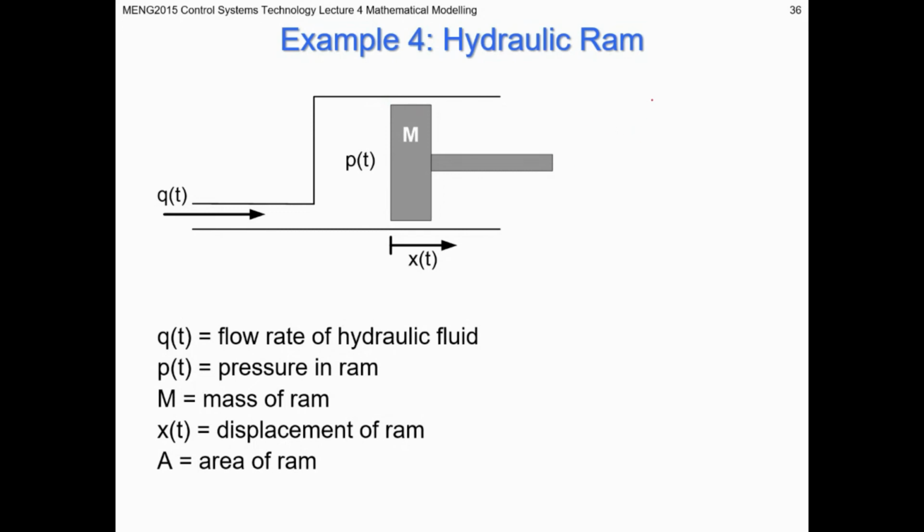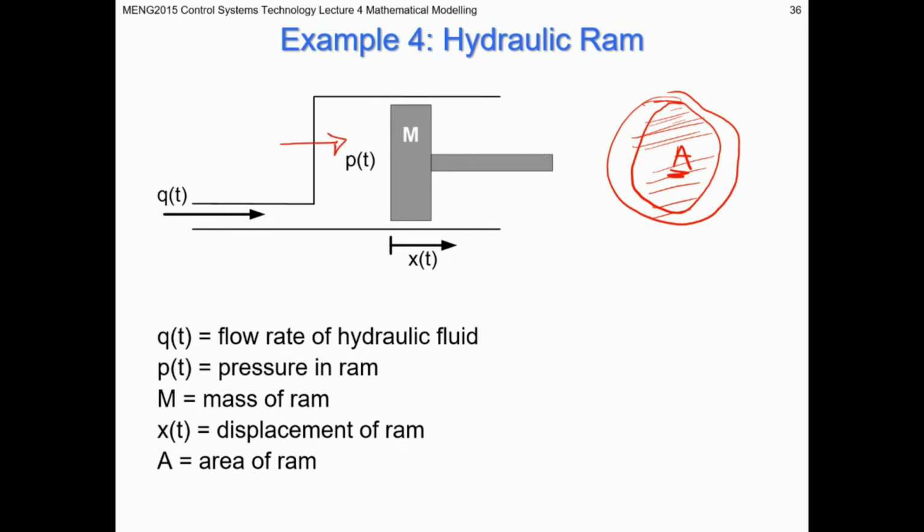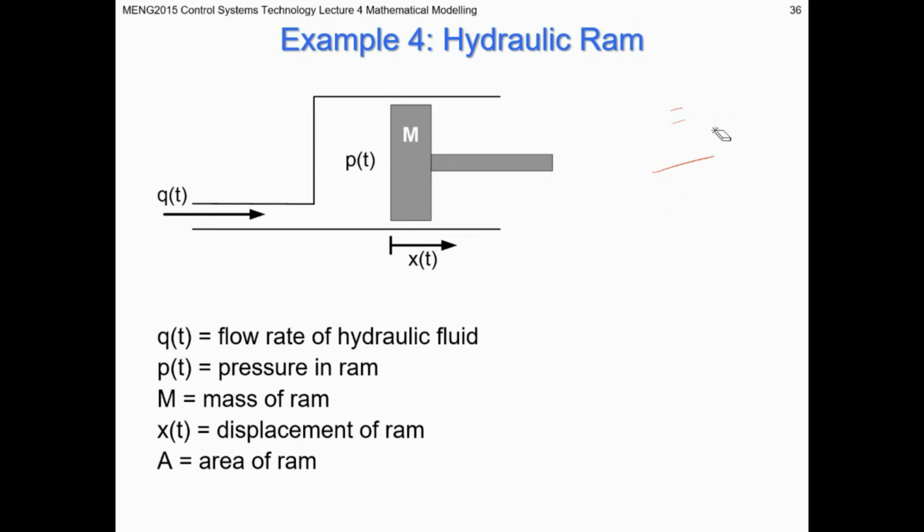If we were to look from the other projection, this would be circular, so it would be the area. This is the ram inside the cylinder looking end on. Okay, so that's the area.